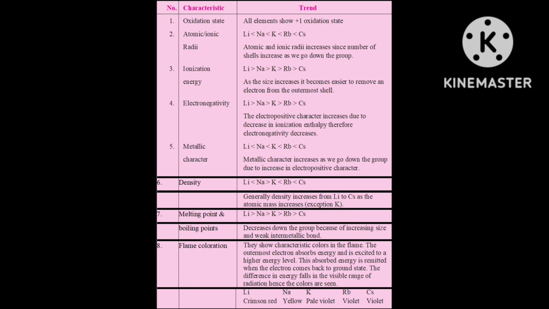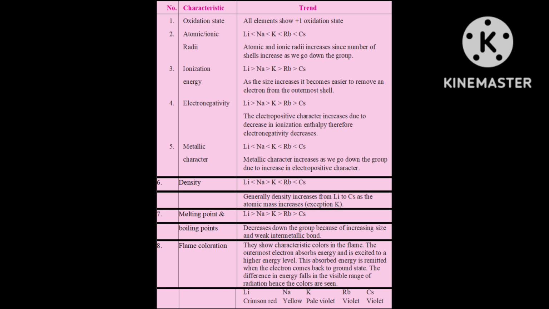The wavelength of crimson red is 670.8 nanometer. If a metal atom absorbs this wavelength, then it will show crimson red color. This happens in the case of lithium.